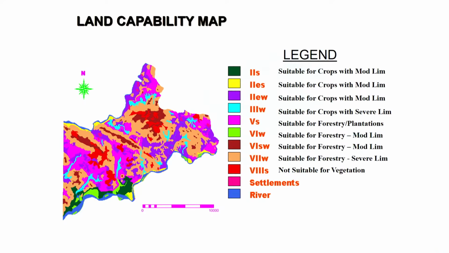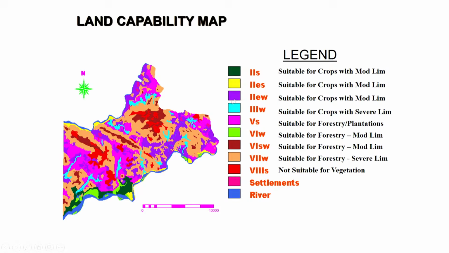For example, a soil map which has been converted into a land capability map, where the land capability classes and subclasses are given here. Suppose this is the majority class, class 7, under the class 7 color, light brown, and this land is suitable only for forest, with moderate limitation.